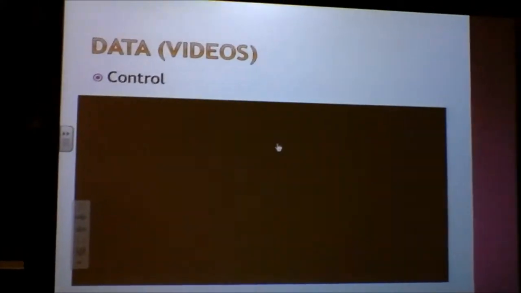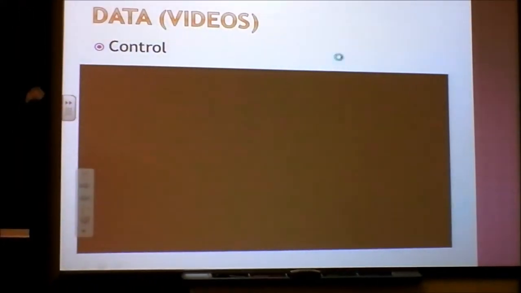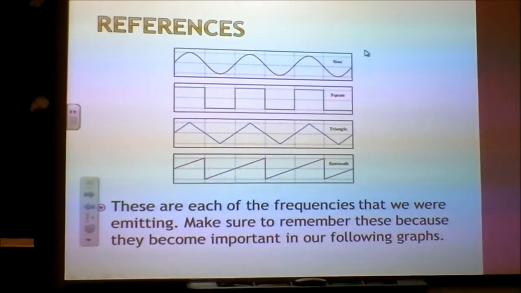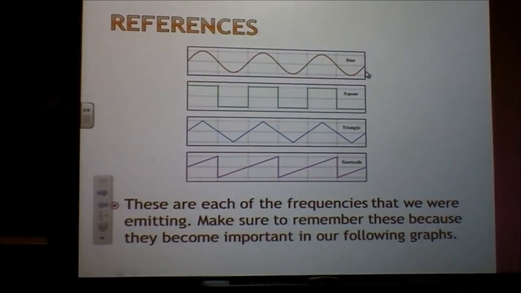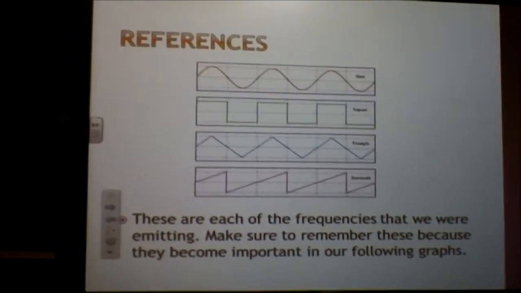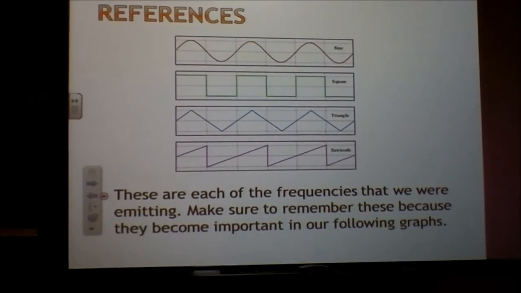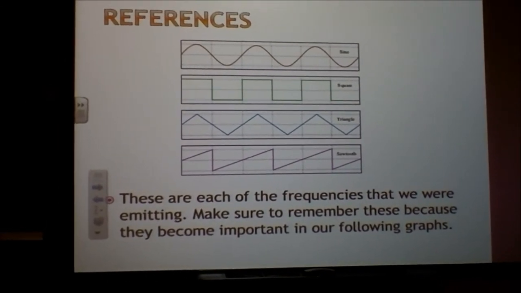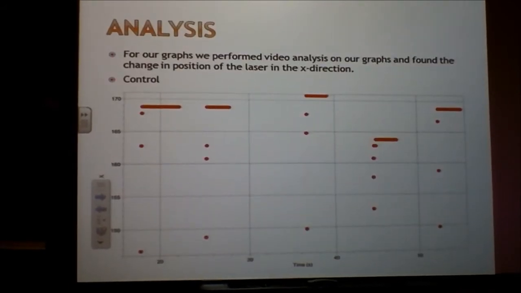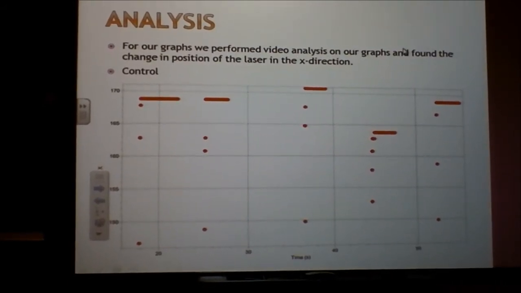Alright, so these are all the videos. This is what each wave looked like coming out, vibrating in the mirror: sine wave, square wave, triangle, sawtooth. They all look like what you would think they would look like. In our following graphs, this was our control graph.